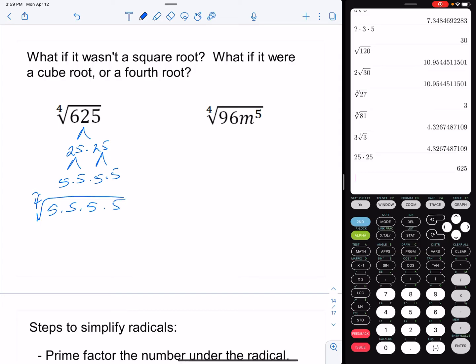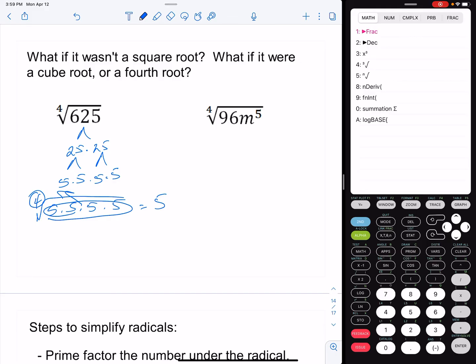So because of this little 4, that means we're looking for a 4 of a kind. So it takes 4 to jump out of the radical. And I've got 4 5s, so they jump out, and my answer is just 5. So how do we check this one? Well, if you noticed under the math, if you were to look at 5, it's got the nth radical. Okay, that's what we're going to be looking for.